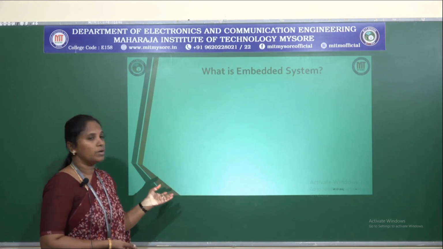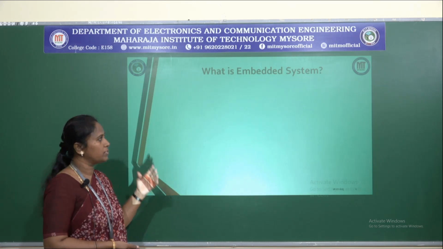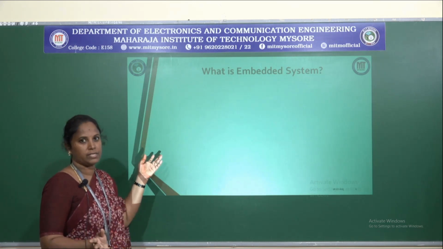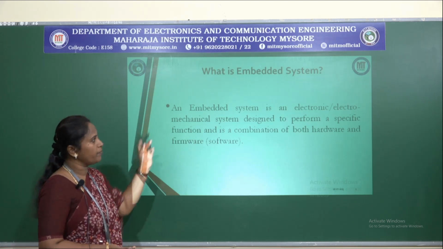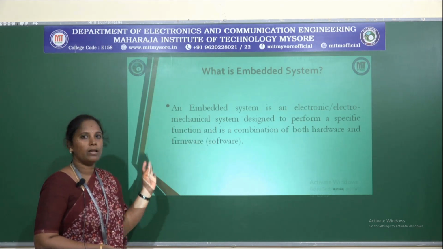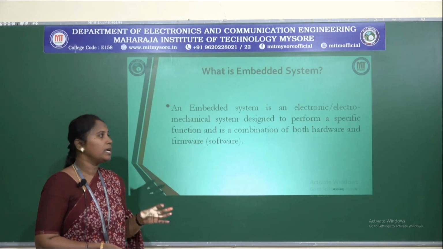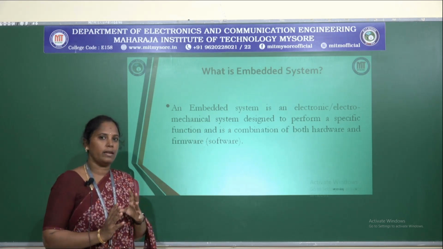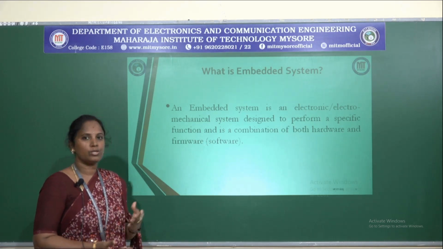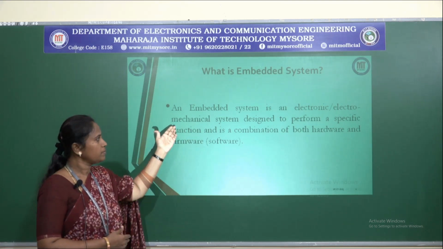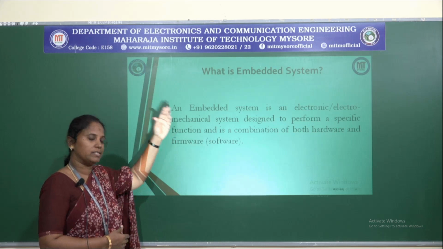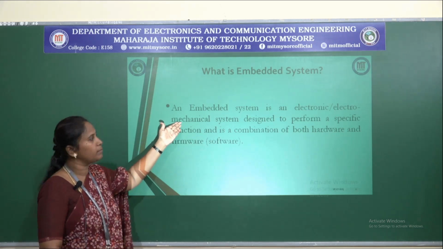Now what is an embedded system? It's just a revision of what we discussed in the previous class. As we already defined yesterday, it's an electronic or electromechanical system. That means it doesn't consist of only electronic components, but also a mechanical system, the combination of electronic plus mechanical system.